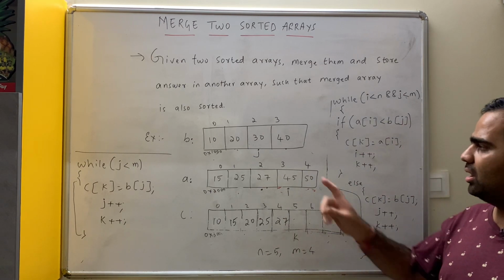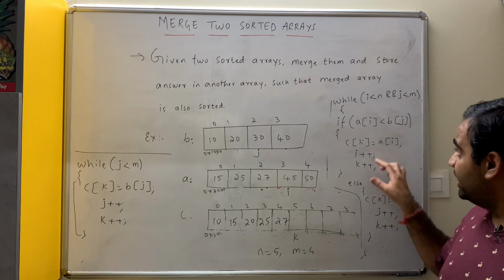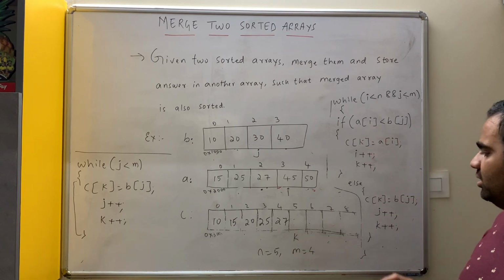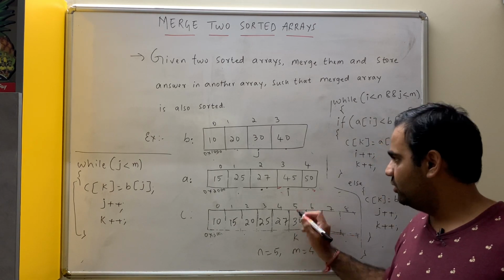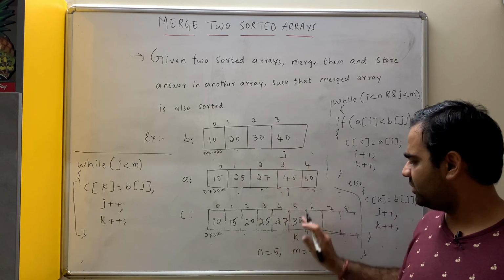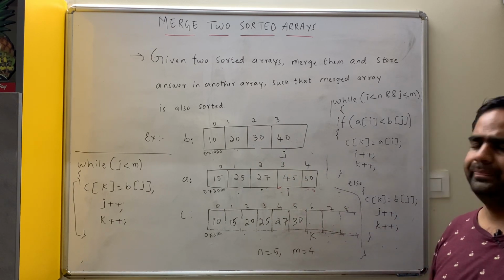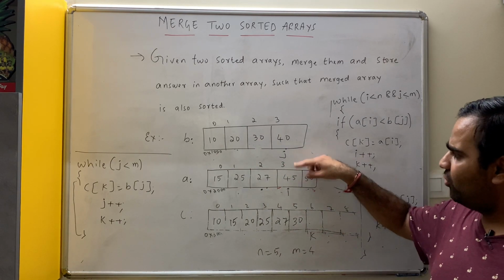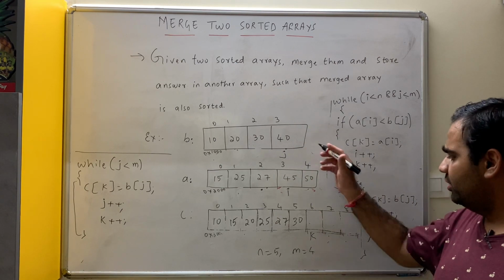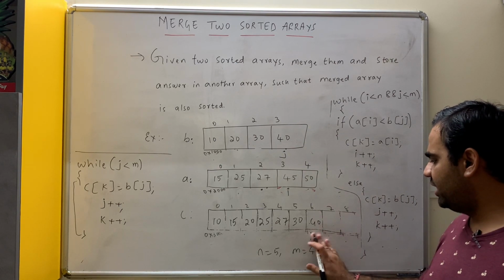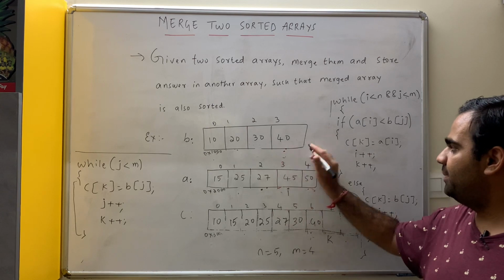Again you go back, you compare 45 and 30. Is 45 less than 30? No sir. Therefore you write 30, you say j plus plus and you say k plus plus. Again you compare. Is 45 less than 40? No. Therefore you write 40, you say k plus plus and you say j plus plus.